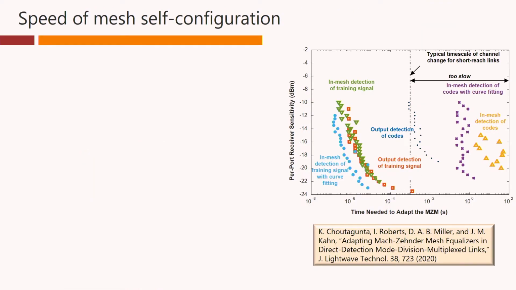An interesting question is how fast these meshes can self-configure. My colleagues Karthik Chudagunta, Ian Roberts and Joe Kahn looked at this, and they performed an analysis of just how fast these meshes could converge based on detecting these kinds of signals.